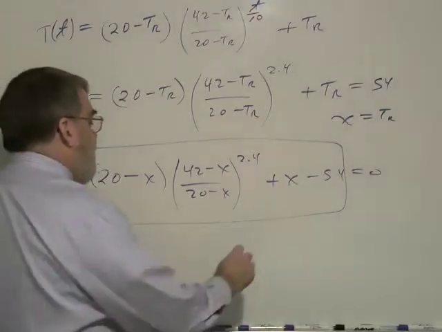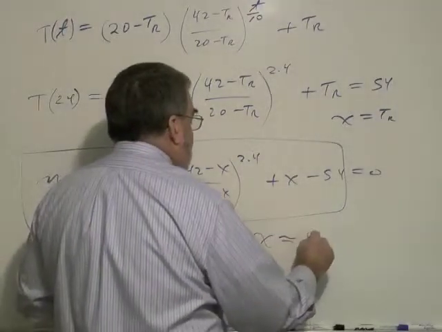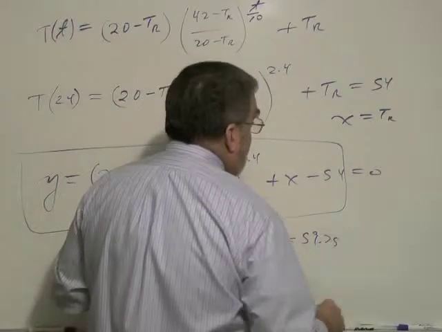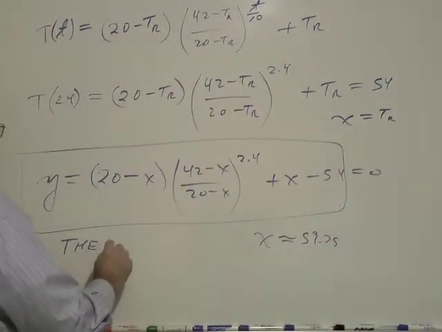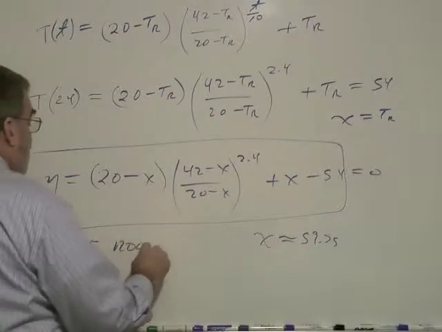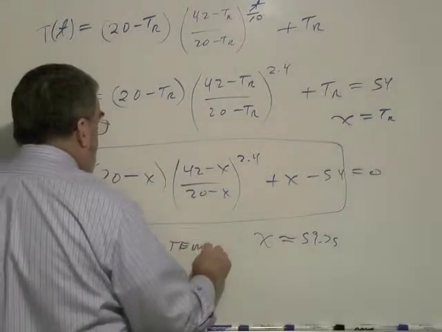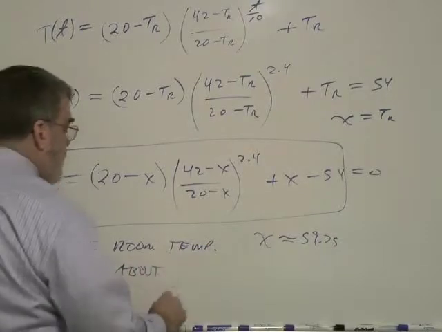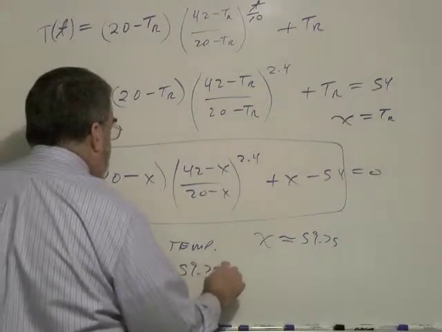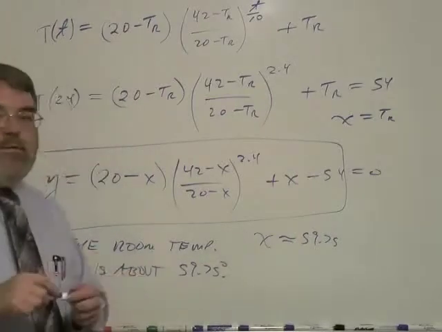The x is about 59.75. So the room temperature is about 59.75 degrees. So that's pretty close.